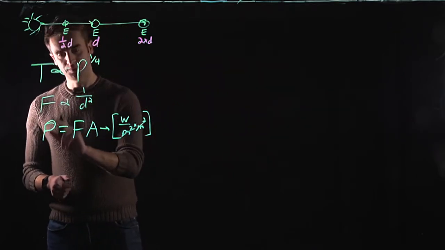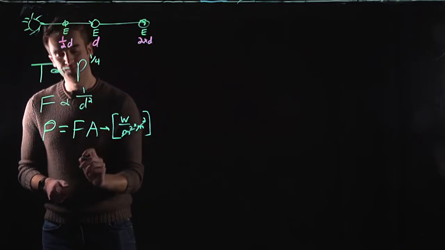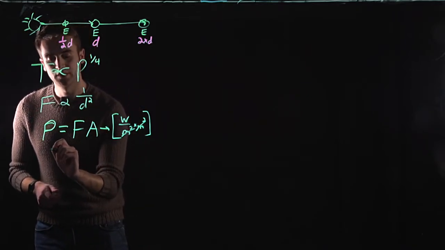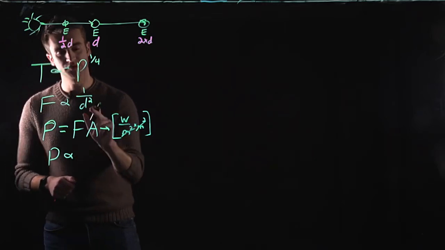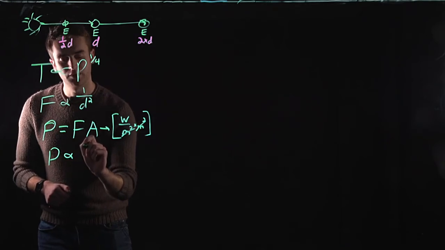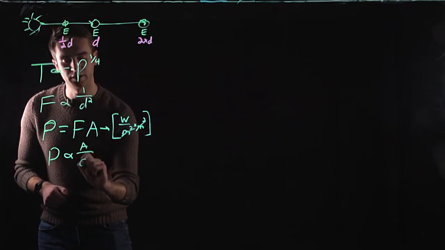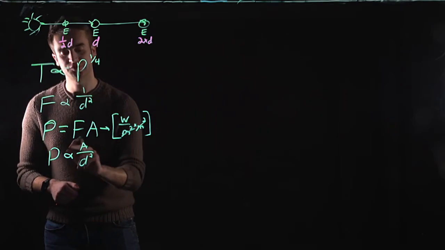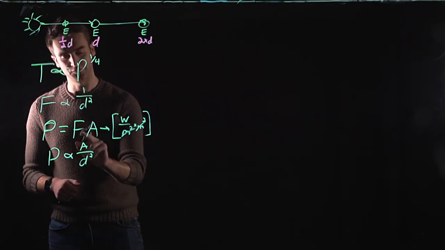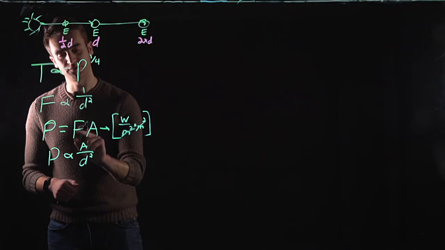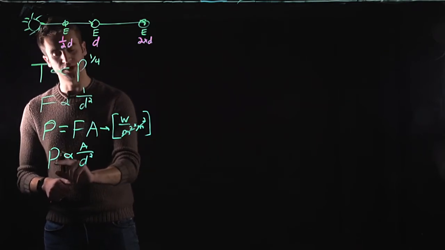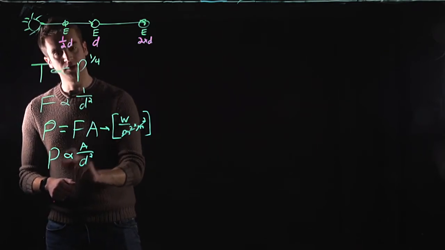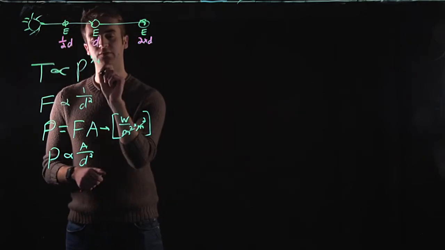So because power equals flux times area, we can also say that power is proportional to the surface area divided by the distance squared. That's just a proportionality from multiplying these two things together, where we assume that flux is proportional to 1 over the radial distance. Great. So now we could plug the proportionality for power back into the proportionality for temperature.